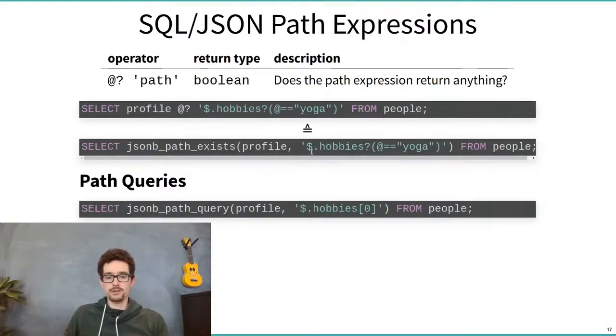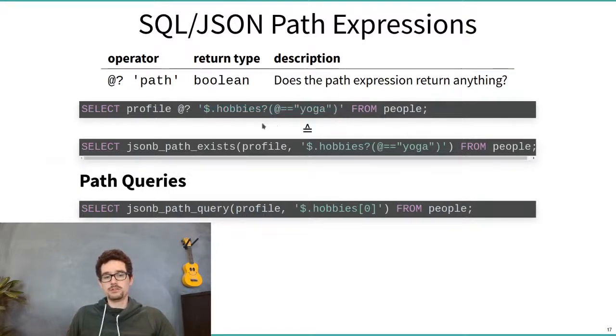Then we looked at path expressions. Path expressions are nice when you have predicates and you want to execute those predicates, evaluate those predicates as early as possible. So this is one single operation to check whether a JSON fulfills a given predicate.